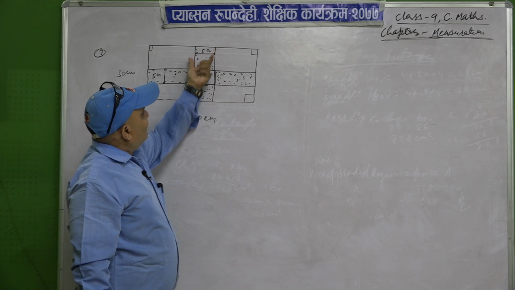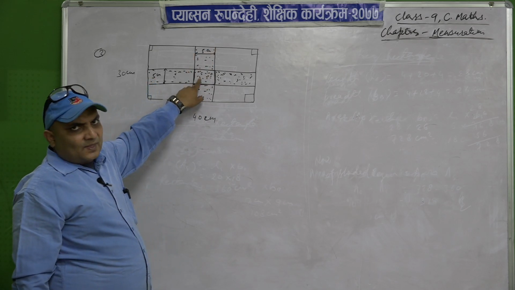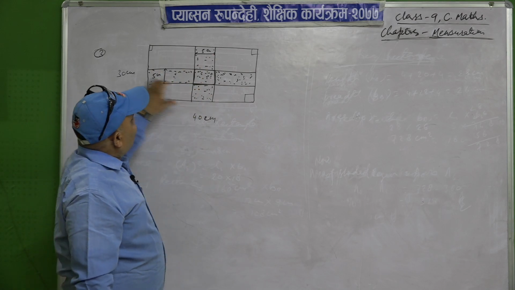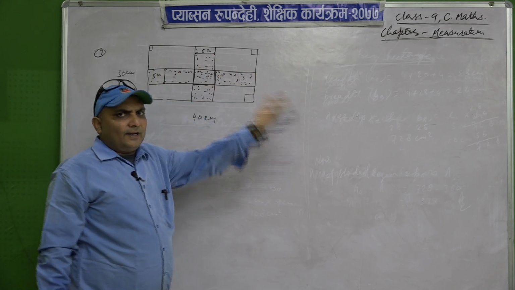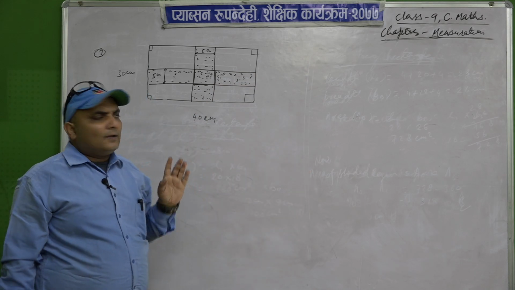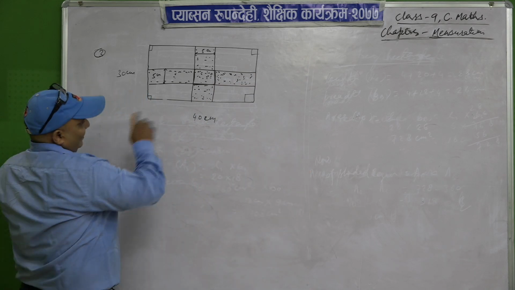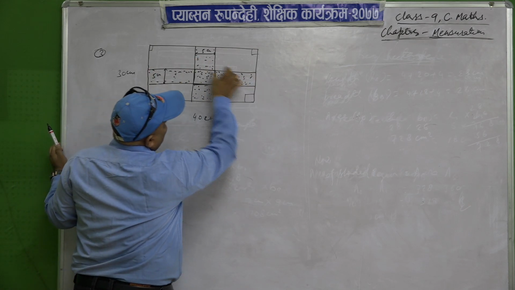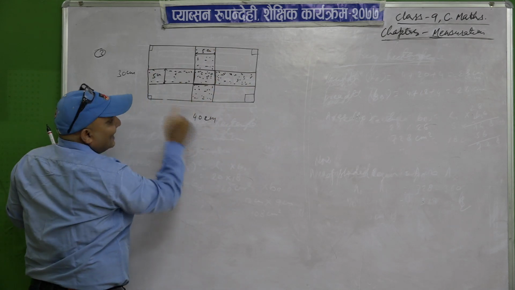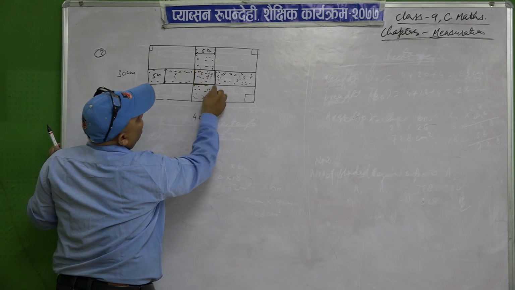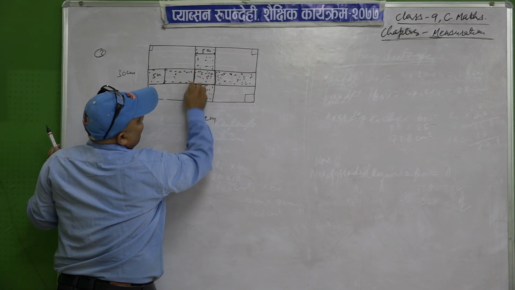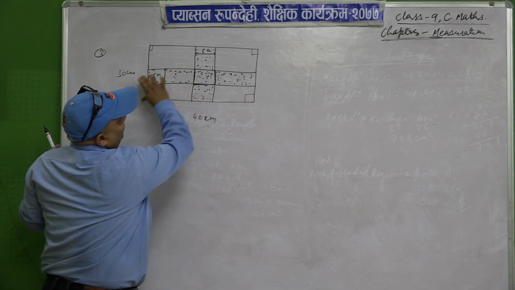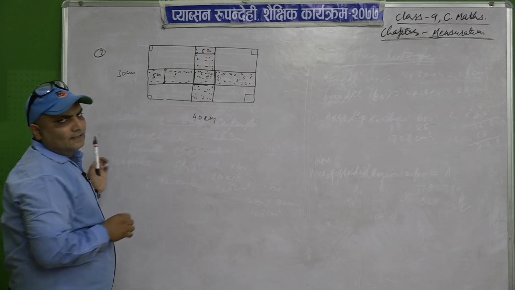If we find the area of this part, then this is also there. So if you directly find the area of this path and this path and add, you will be wrong. How can we write then? Find the area of this part and the area of this part and subtract 1 time the area of this common part, because this is repeating 2 times. So if we subtract 1 time, then it will be the area of the shaded region.